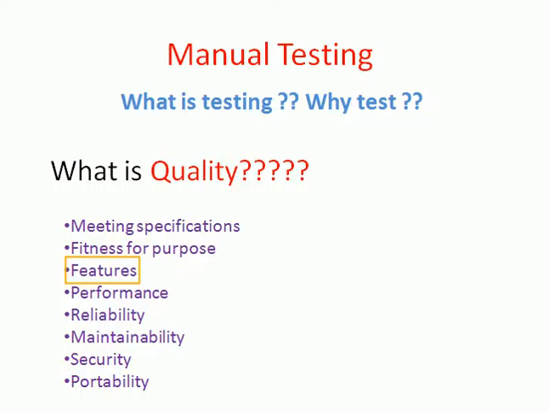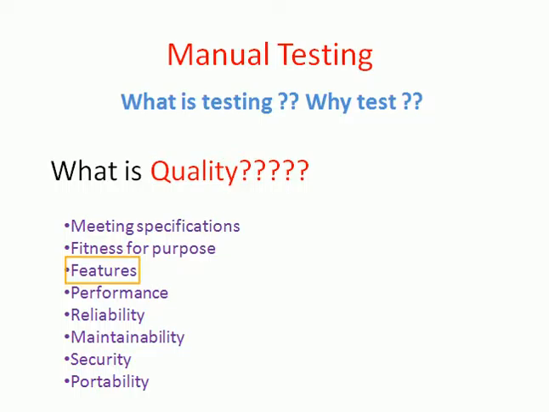All these operations are there. So all these are the features. So if the system has all the necessary features which are useful to the user, we say it has good quality.